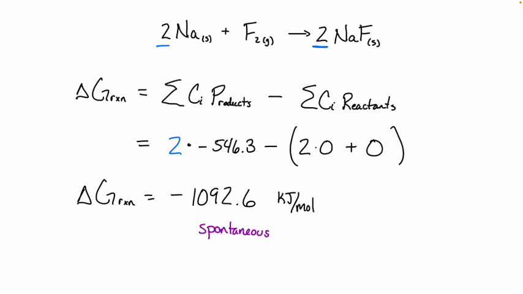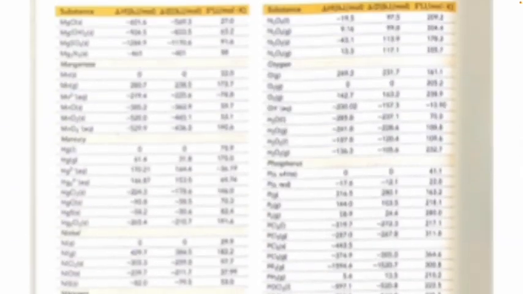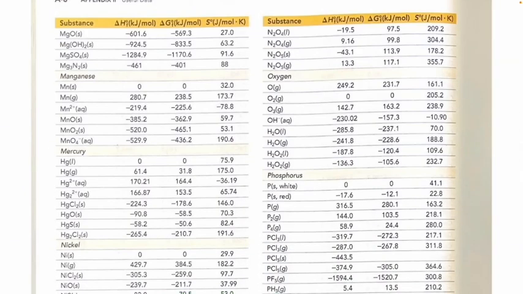Okay? So, any chemical reaction that you can dream up, as long as you can find your reactants and your products on our constants page here, you can predict whether or not that reaction will happen spontaneously. Because these delta G and delta H and entropy values, they're state functions.